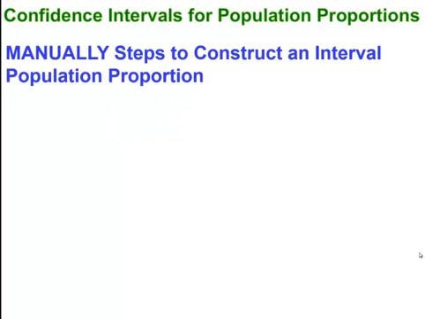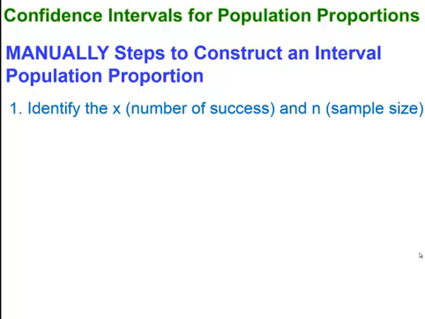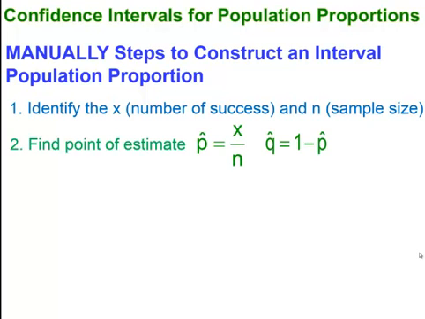So if we were to manually construct an interval for the population proportion, these are the steps that we would take. The first step is identify your number of successes and the sample size. Then you're going to find your P hat and your Q hat.